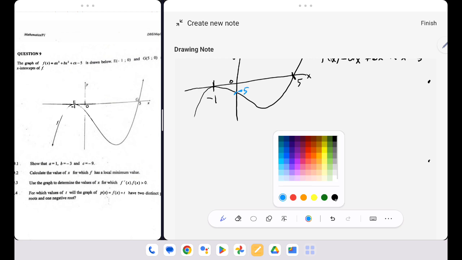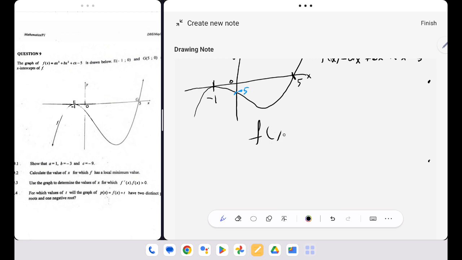So I'll just write my graph in this form: a times (x minus m) and (x minus n) all squared. And here I'm saying all squared because it's the same as having two equal roots, because the graph turns at the x-axis.